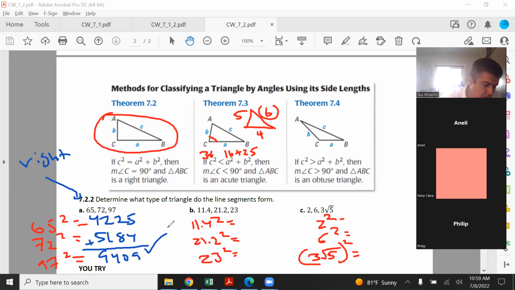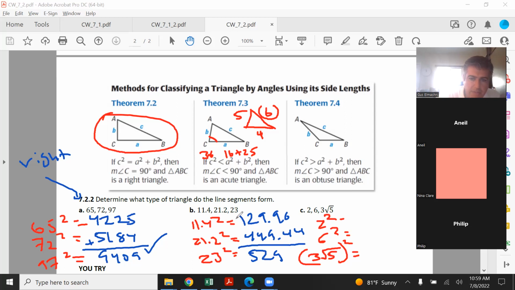Now here, 11.4 squared. .2 squared. And 23 squared. And I don't think those add up.